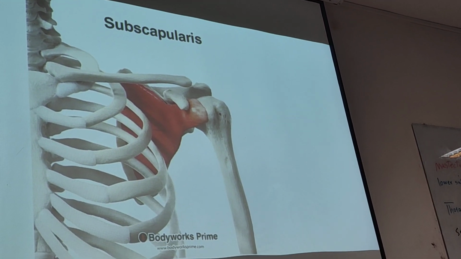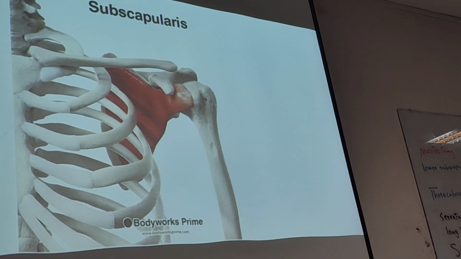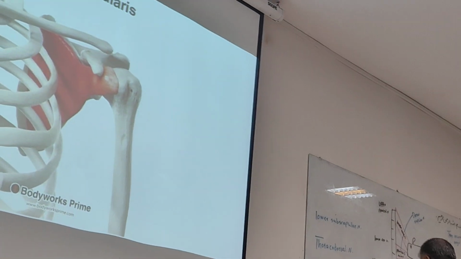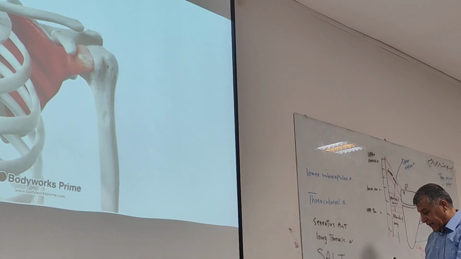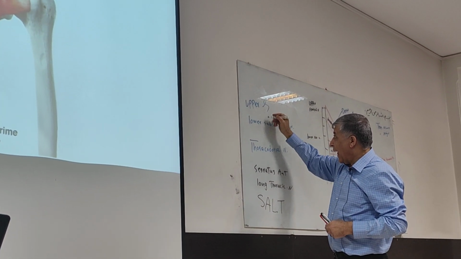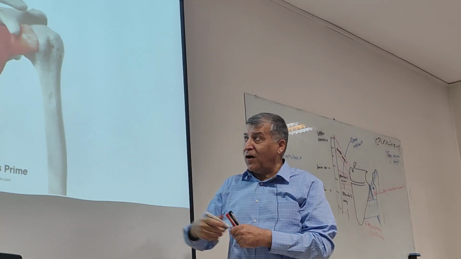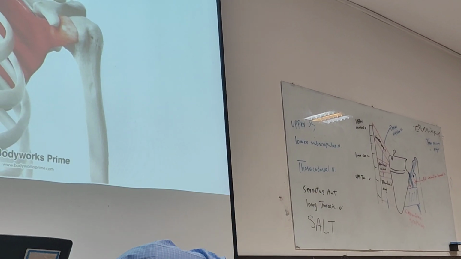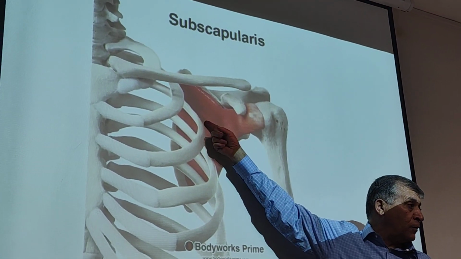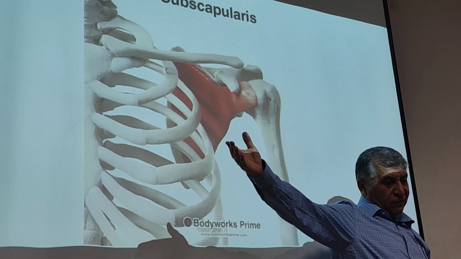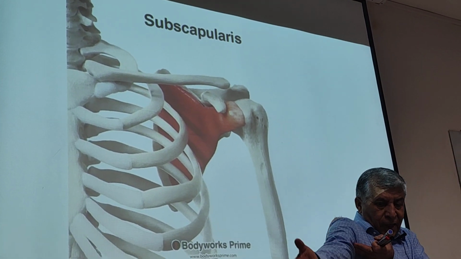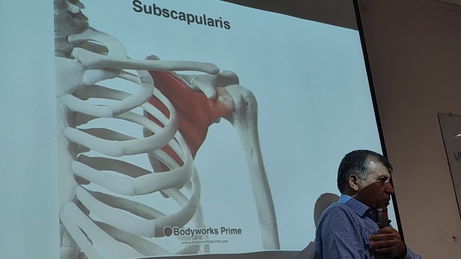This muscle is innervated by the upper and lower subscapular nerves. The function of these muscles: insertion moves toward origin. The function of this muscle is adduction and medial rotation. Okay?